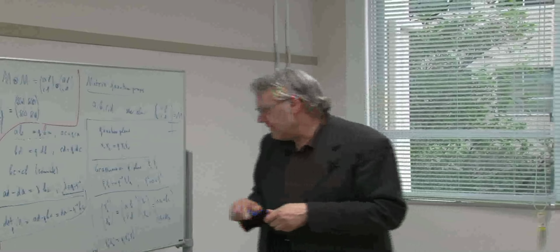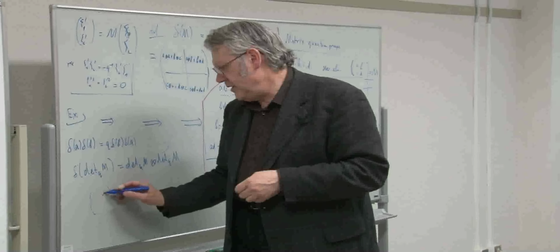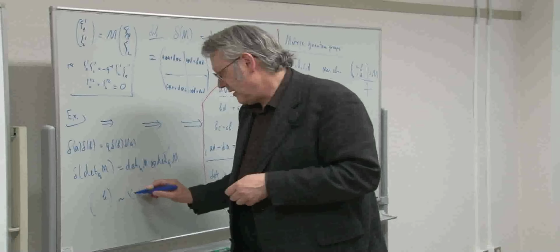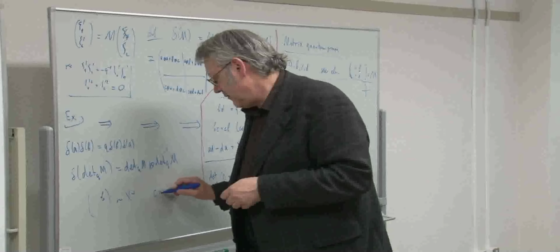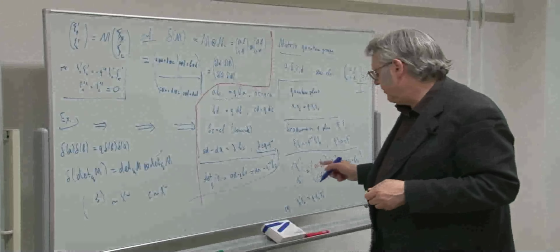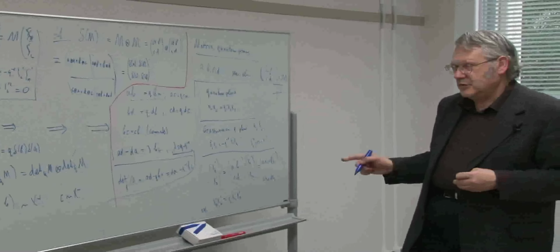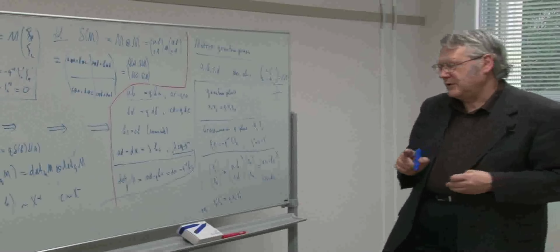In a certain sense, the element B corresponds to X plus, the element C corresponds to X minus. And here you have more elements. In fact, in order to have SL2, this is important to say.